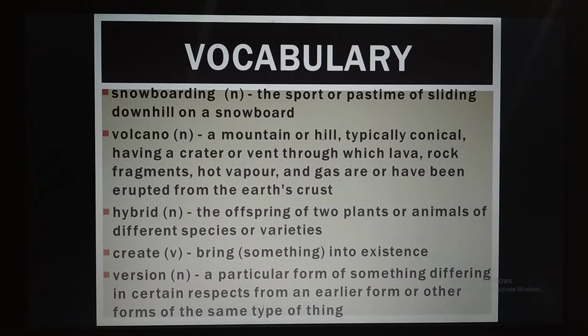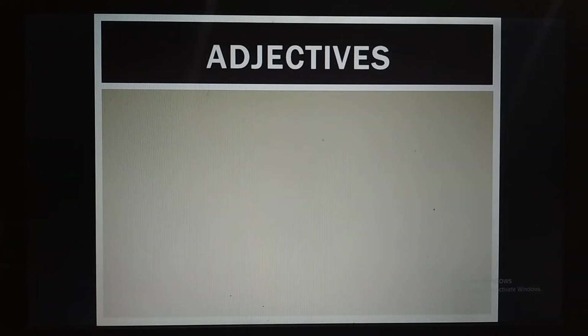And the last word is version. Version is a particular form of something differing in certain respects from an earlier form or other forms of the same type of thing. Version. Okay. So those are the vocabulary words that we may encounter in our discussion.